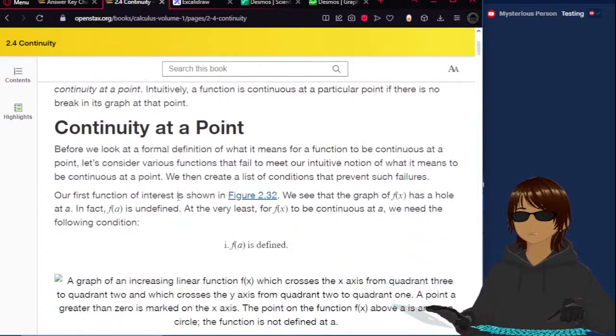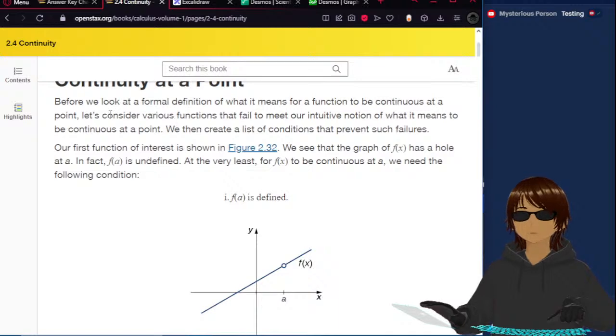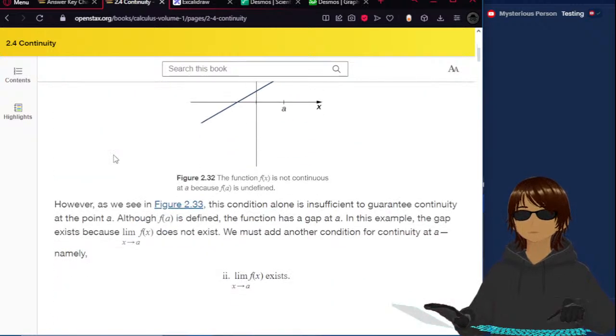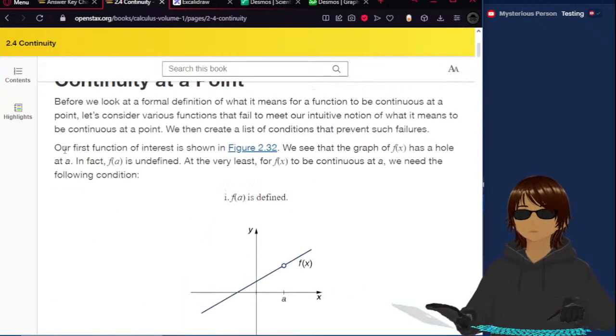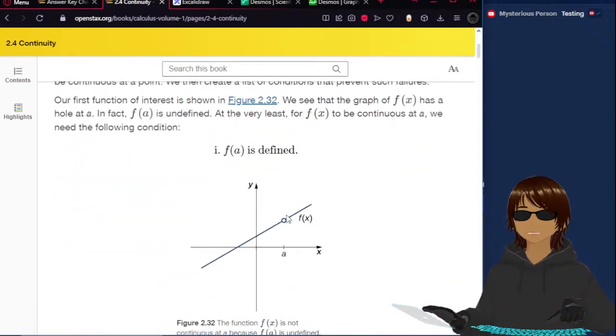Continuity. Continuity at a point. We see that the graph of f of x has a hole at a. Oops. F of a is undefined. At the very least, for f of x to be continuous at a, we need the following condition.